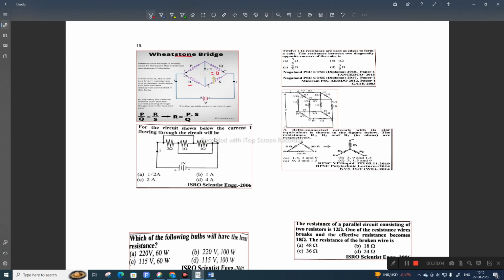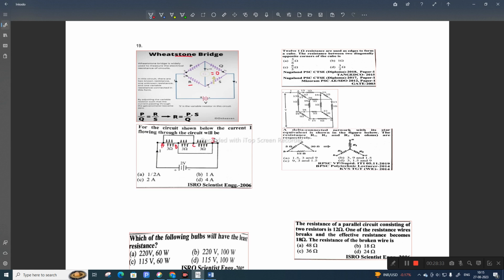Let's start. For the circuit shown below, the current I flowing through the circuit will be? See, the diagram is connected like this. Suppose you mark these points as A, B, C and D. All of these resistors, kindly look for clarity.